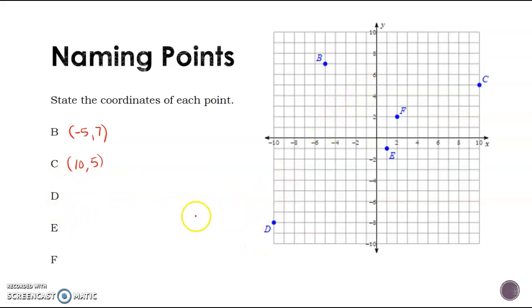D is down here in the third quadrant, which means both of these will be negative. I'm going to start with my parentheses. I'm going to go up to find my x value, and that is negative 10. And I'm going to get back to D. I'm going to go to the right, and I'm going to find that we're at negative 8 for our y value.